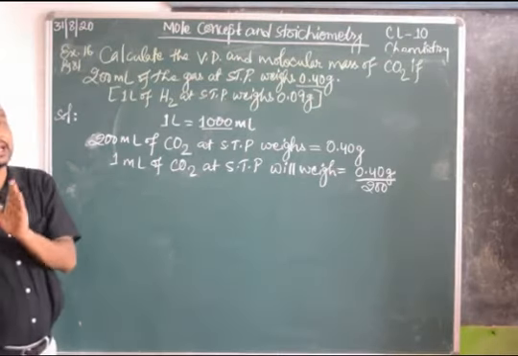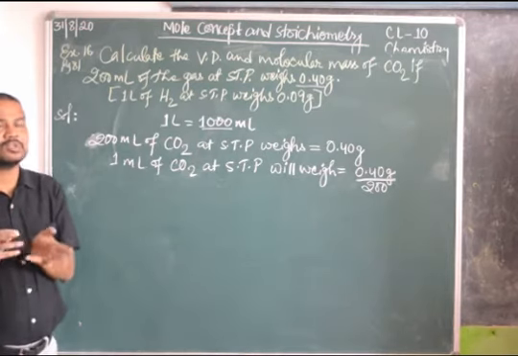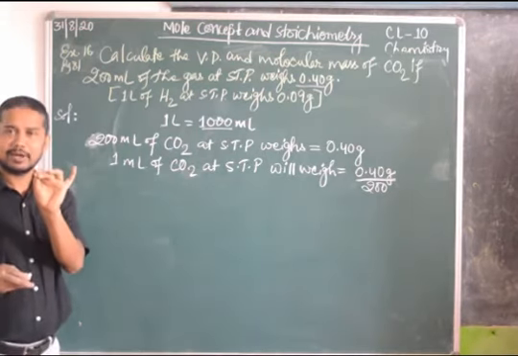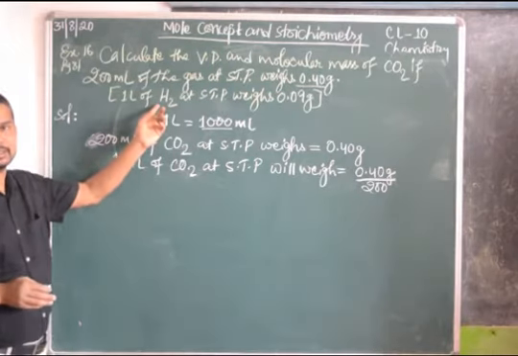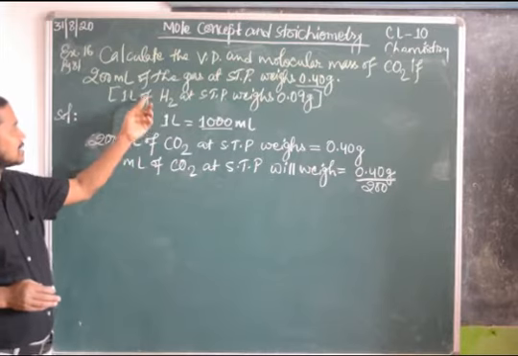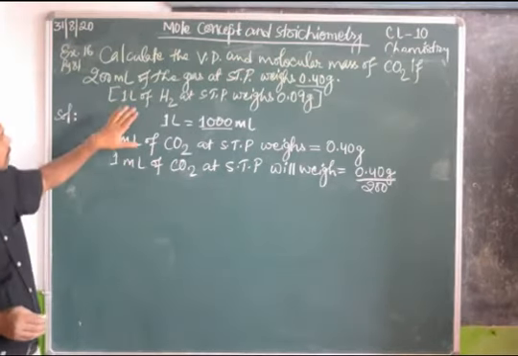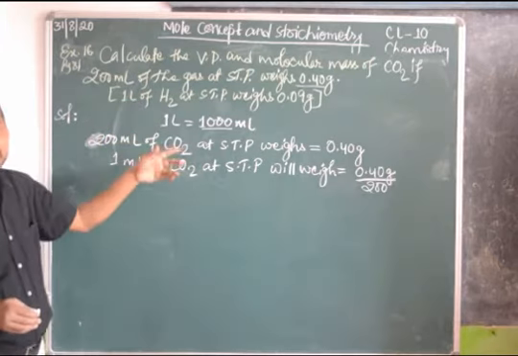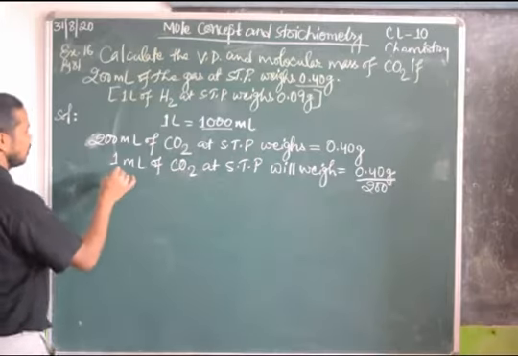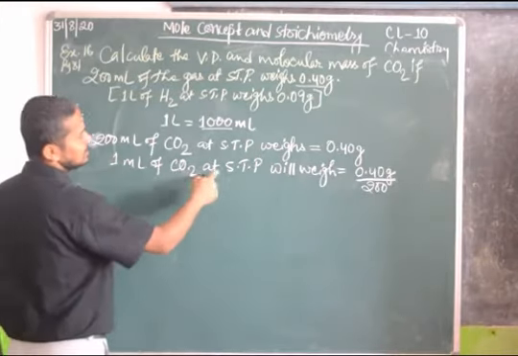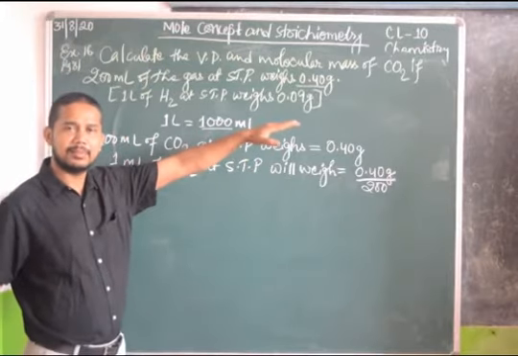So for finding the vapor density of carbon dioxide, we need to have the same volume of carbon dioxide as that of hydrogen gas. Since hydrogen gas is in liters, you find for a liter. Otherwise, you convert this into milliliters, then you can keep carbon dioxide in milliliters. So 1 ml of carbon dioxide at STP will weigh this much, that means less than 200 ml.